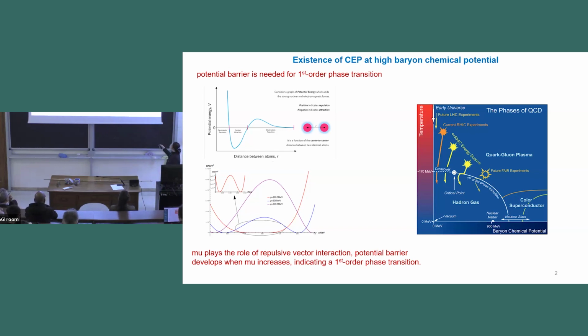And of course, from lattice QCD, we know that at no chemical potential there is a crossover. When you switch on chemical potential, you have a first order phase transition. Then of course, you can expect a critical endpoint at some point at finite baryon chemical potential. So theoretically, we believe there will be such a critical endpoint at high baryon chemical potential.